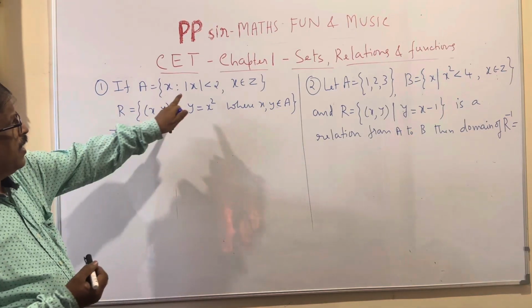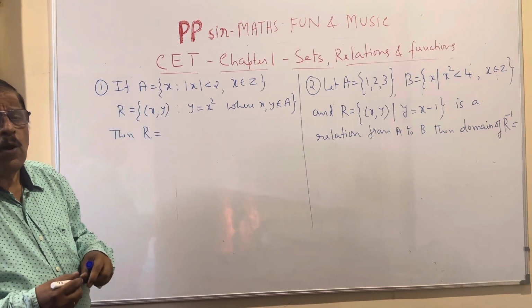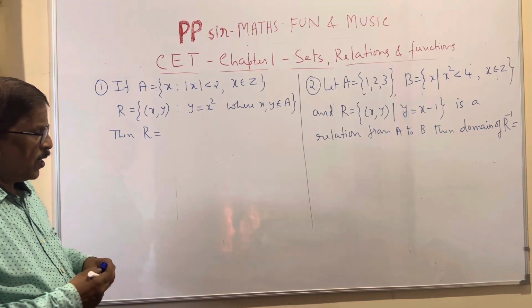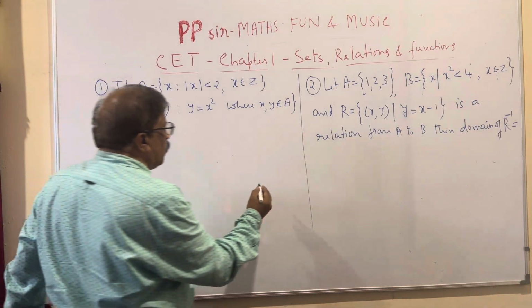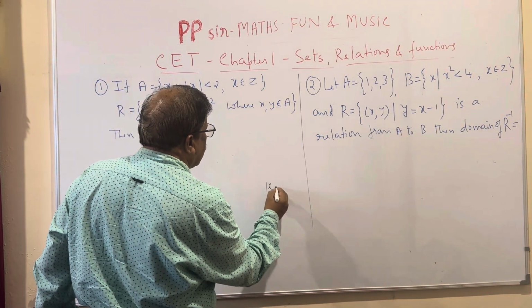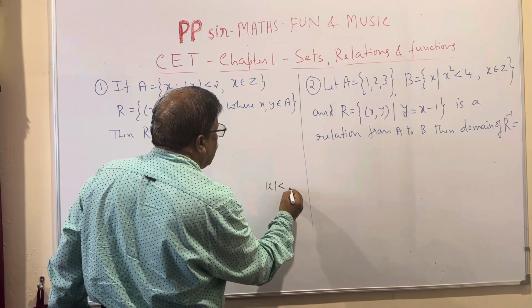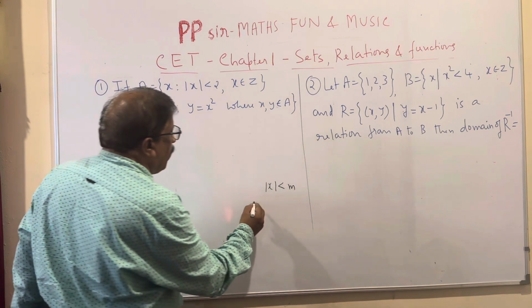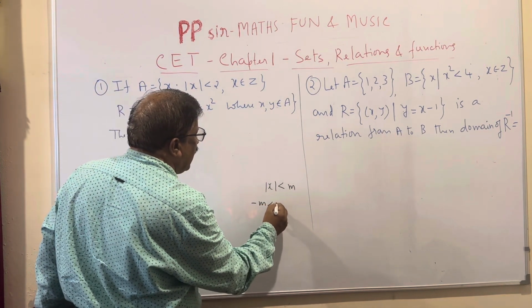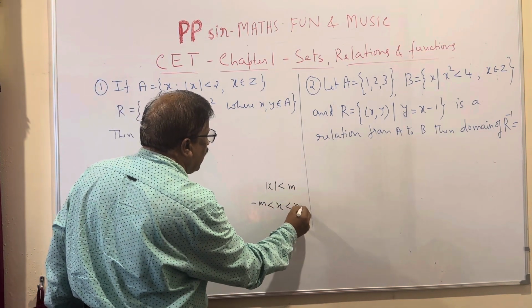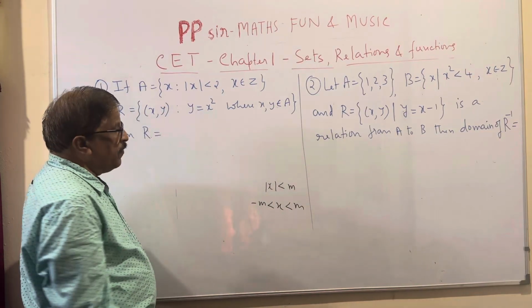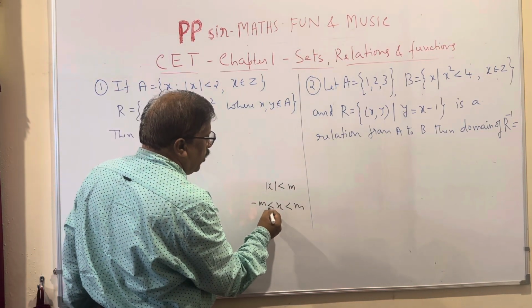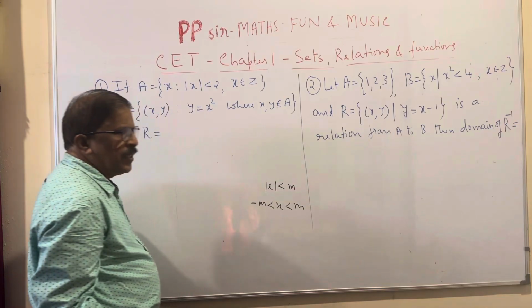So first you have to understand what is the meaning of mod x less than 2. Mod x less than m means minus m less than x less than m. If it is less than or equal to, then you have to write less than or equal to.